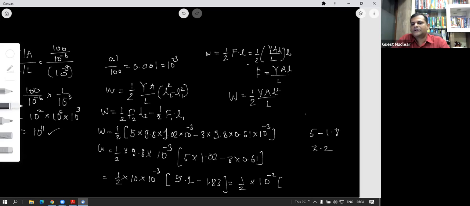Do you agree with this? Approximately, we want approximate answer only, so we can get it as 3.2, and if we just cancel this 2 with this 3.2 here, we can get 1.6, so we can say that 1.6 into 10 raised to minus 2, that is in joule, okay, because it's a work done, right?